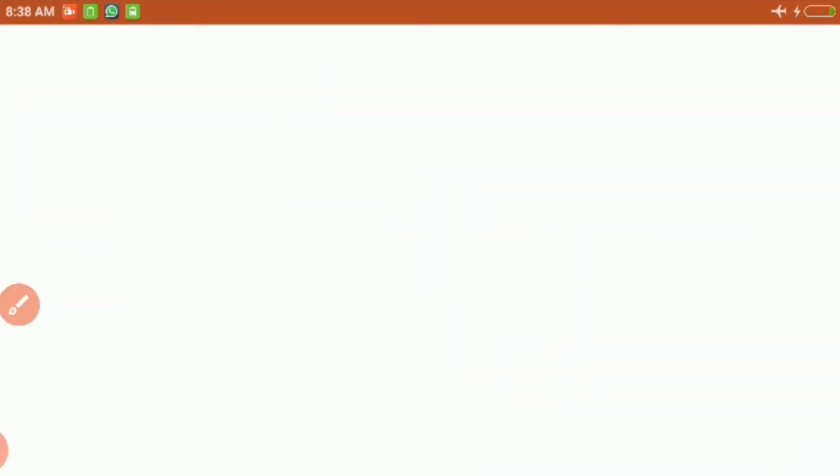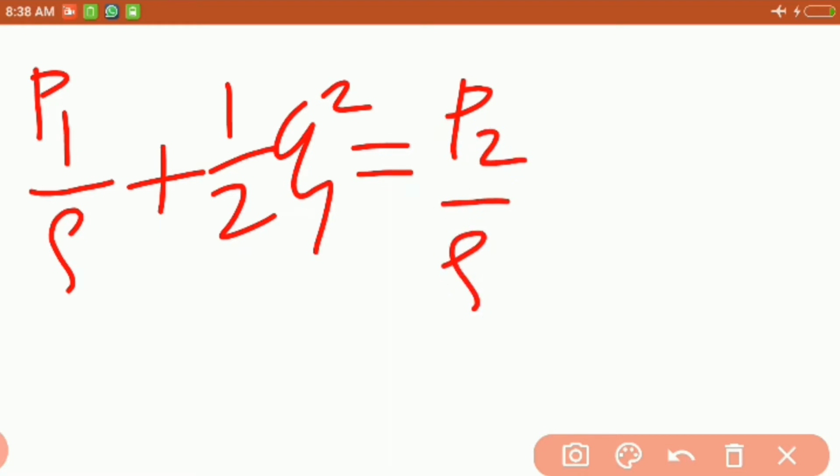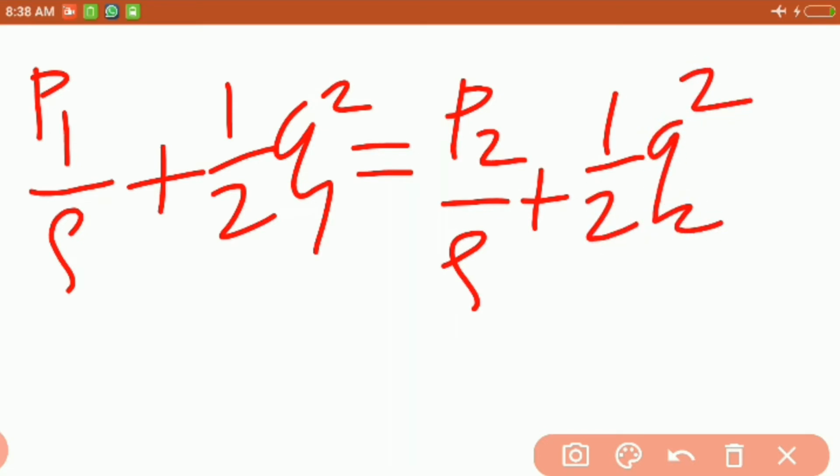So we can write this relation as P1 by rho plus 1 by 2 Q1 square is equal to P2 by rho plus 1 by 2 Q2 square.